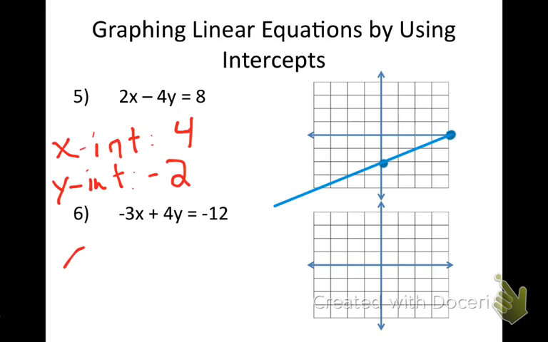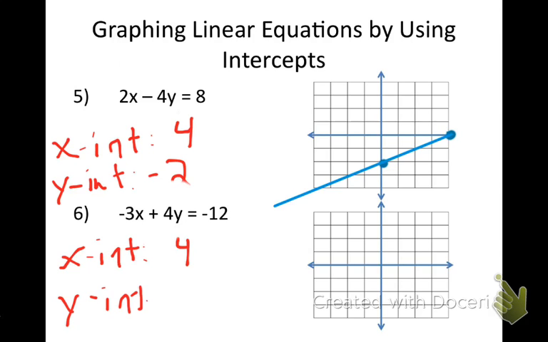Let's find my x-intercept. If I want to find my x-intercept, what am I going to cover up, Andy? Cover up the y. Solve for x, and I get my x-intercept to be what, Andy? X-intercept is 4. Good work. Well, now I want to find my y-intercept.